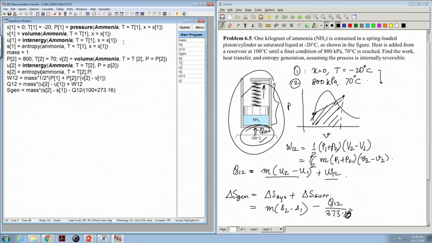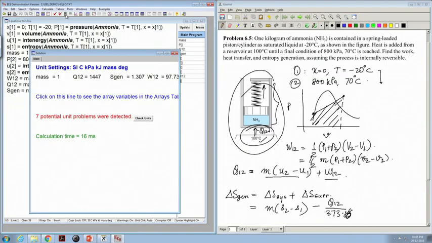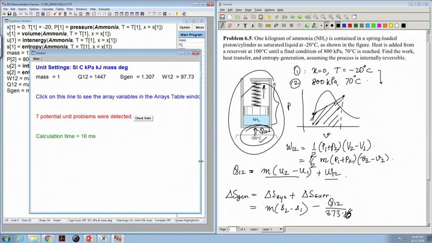I mean, you can also use internal energy, it does not make a difference. Basically, I could have used U equal to U2 over here, and it hardly makes a difference. Alternately, I could have also used V equal to V2. You need two independent properties to find out the entropy. Okay, so let us see. Sgen is 1.307 kilojoule per Kelvin.